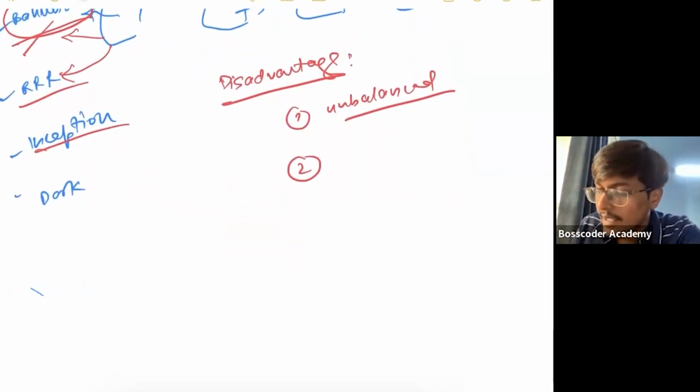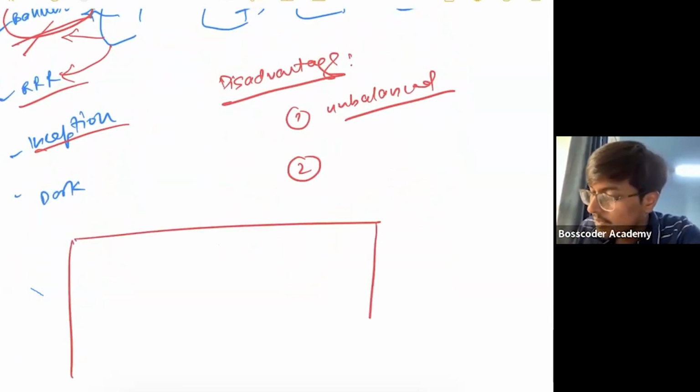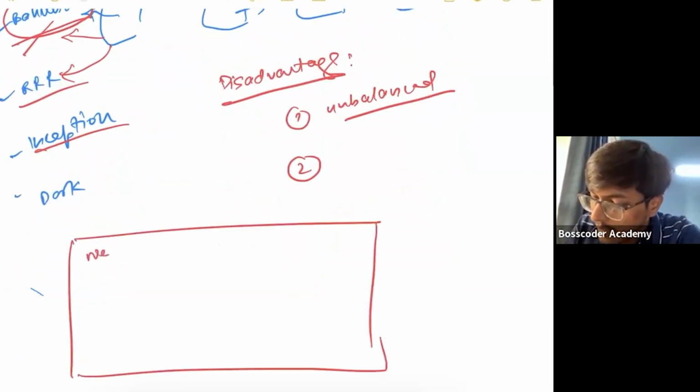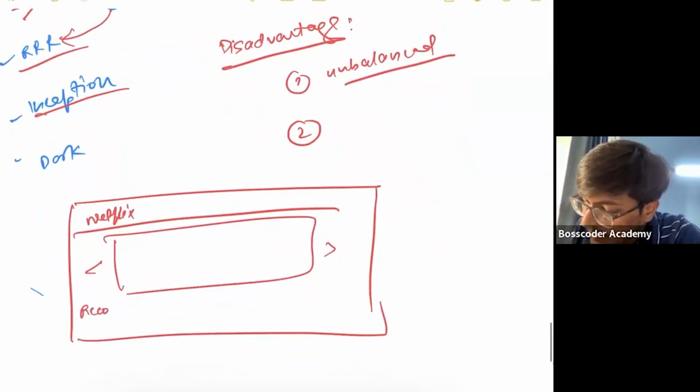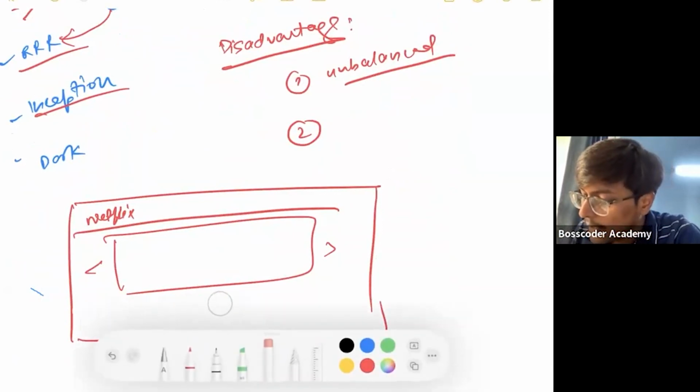For example, if I open Netflix, let's say this is Netflix. Here are movies. Then let's say here are my recommendations. Or maybe let's not even talk about recommendations. Let's talk about an even easier part.